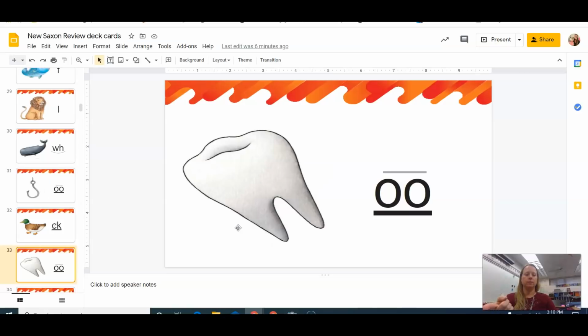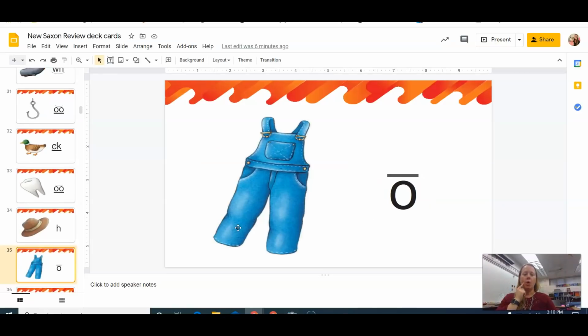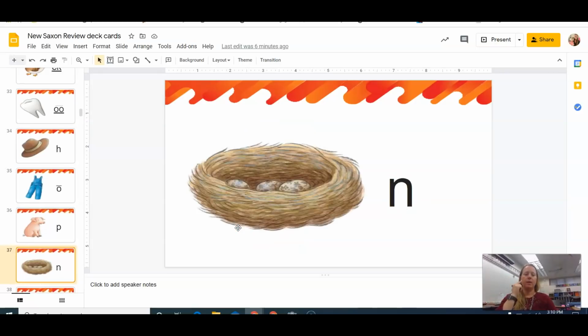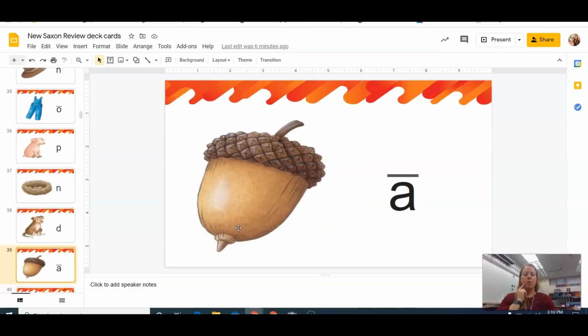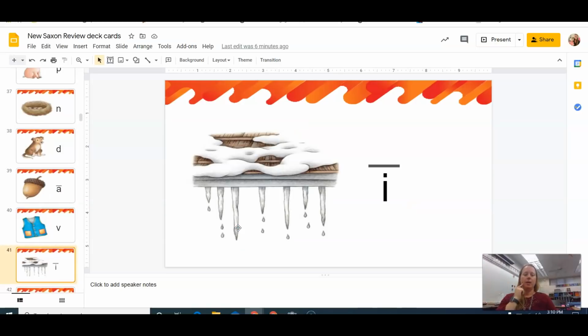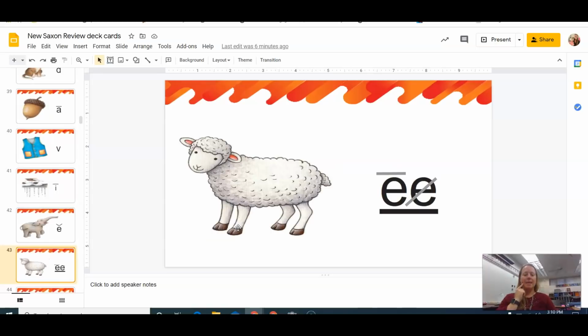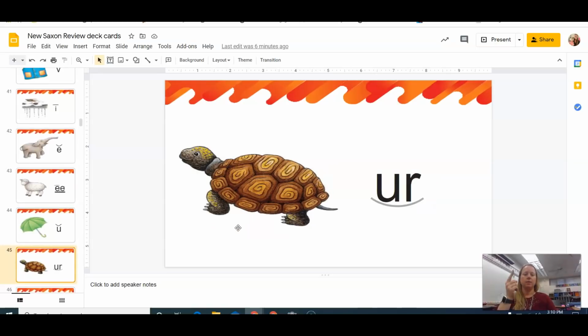Tooth, oo. Hat, h. Overalls, o. Pig, p. Nest, n. Dog, d. Acorn, a. Vest, v. Bicycle, i. Elephant, e. Sheep, e. Umbrella, a.